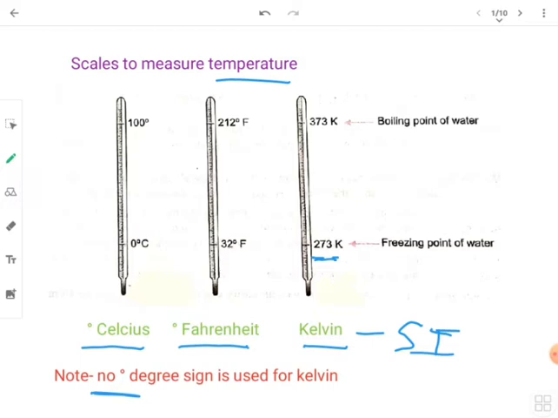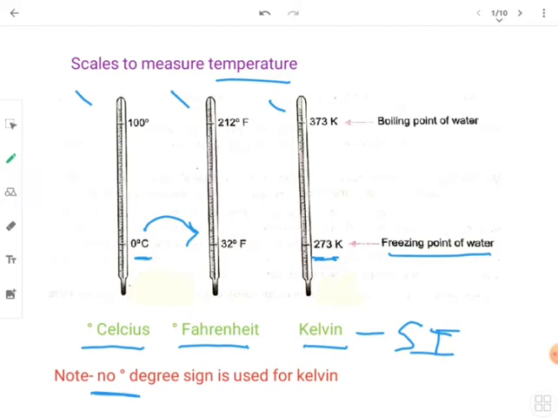Now let us see what is the correlation between them. Now you will see I have shown here three thermometers, one for degree Celsius, one for Fahrenheit and one for Kelvin. Here they have shown the freezing point of water in all these three scales. We know that the freezing point of water in degree Celsius is 0 degree Celsius. If we represent 0 degrees Celsius in Fahrenheit, it is equal to 32 degree Fahrenheit.